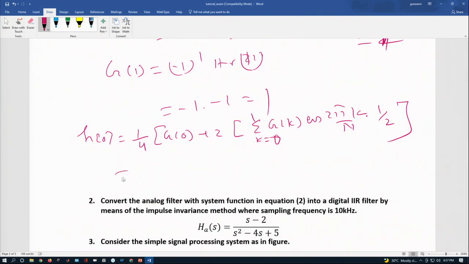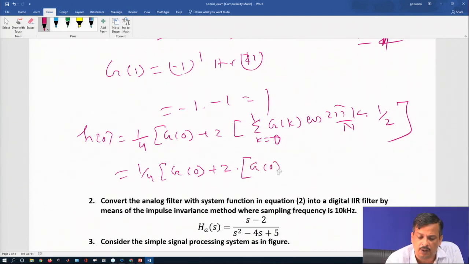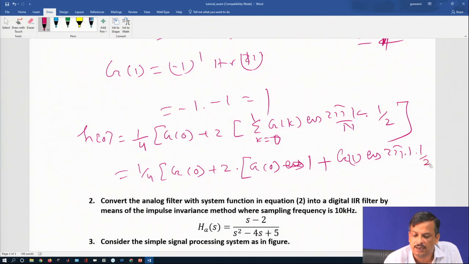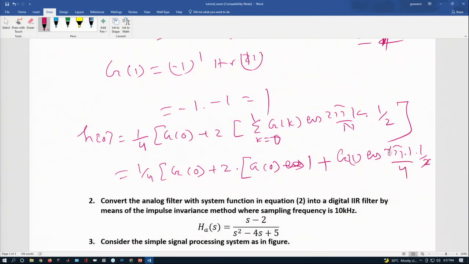One part is 1 by 4 into G0 plus 2 times, for k equal to 0, G0 cos 0, which is 1, plus for k equal to 1, G1 into cos of 2 pi into 1 into half divided by 4, so it is pi by 4.